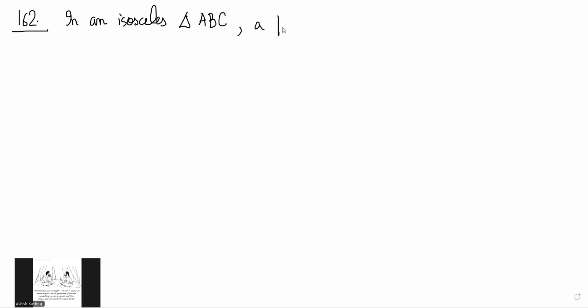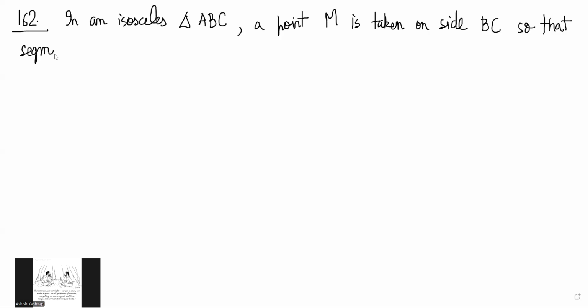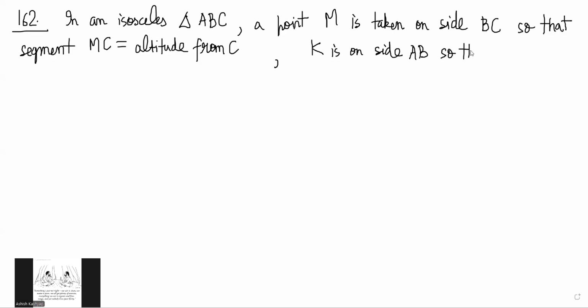A point M is taken on the lateral side BC so that the segment MC is equal to the altitude of the triangle drawn from C. Point M is taken on side BC so that segment MC is equal to the altitude from C. And point K is on side AB so that angle KMC is equal to 90. You have to find angle ACK.